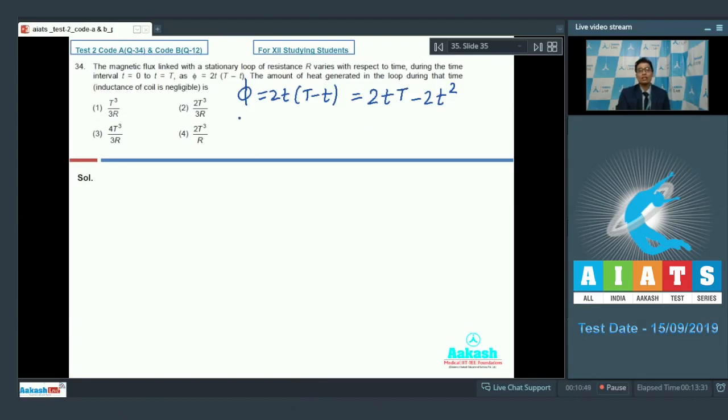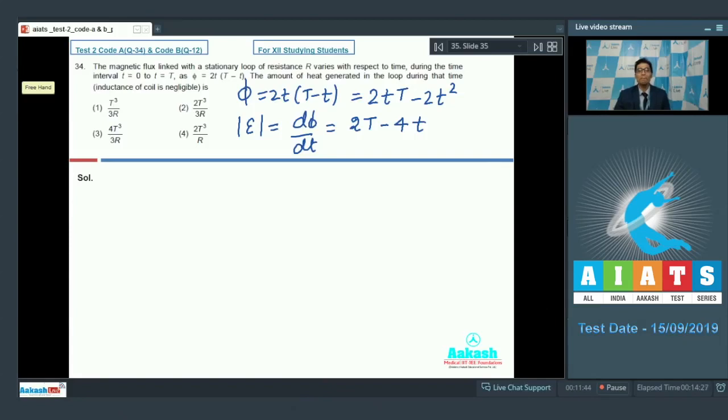Now dear students, we can find out the magnitude of the induced EMF in the loop, which is equal to d phi by dt. Differentiating the equation of phi, we get d phi by dt to be equal to 2T minus 4t.